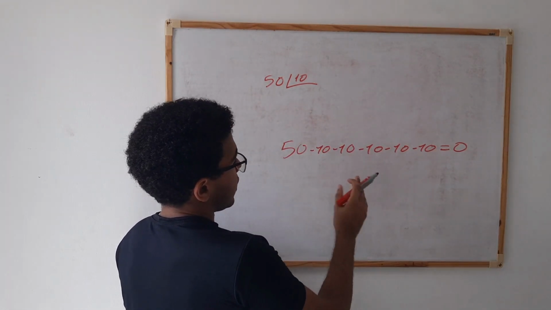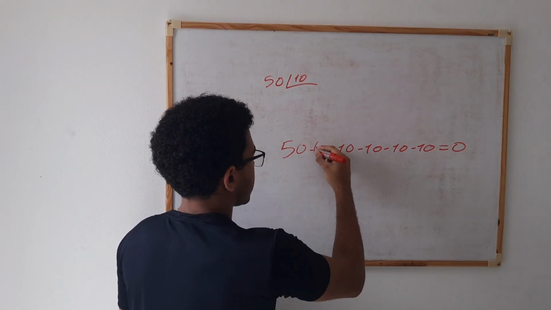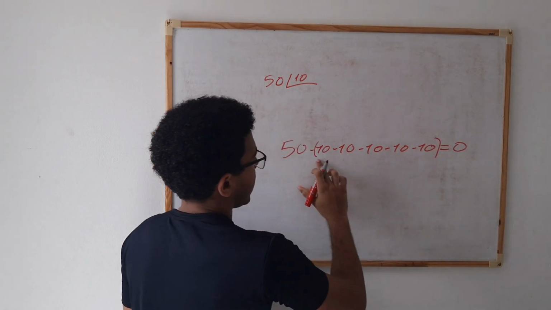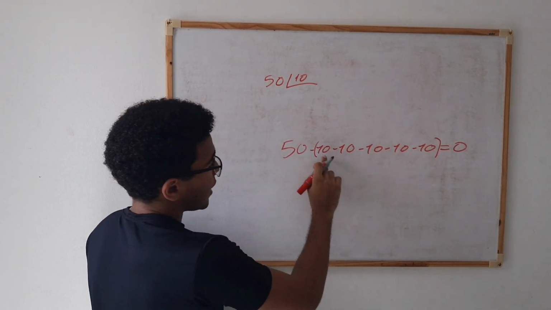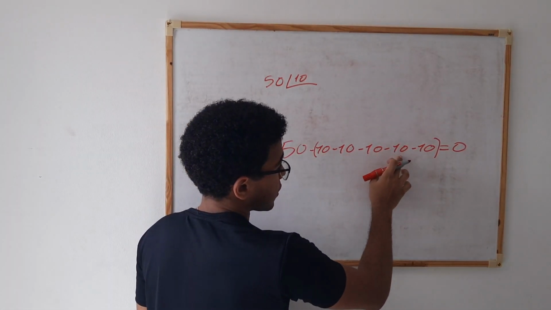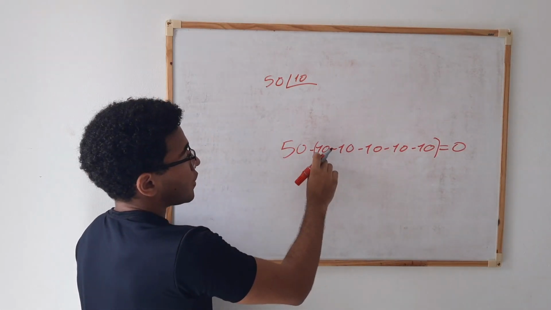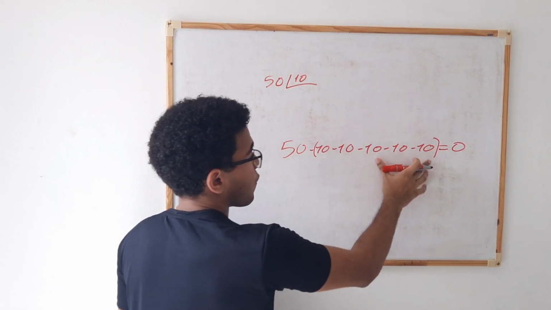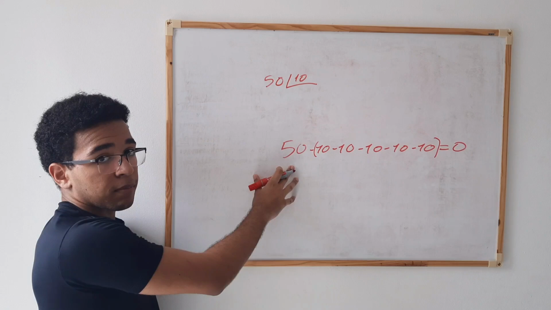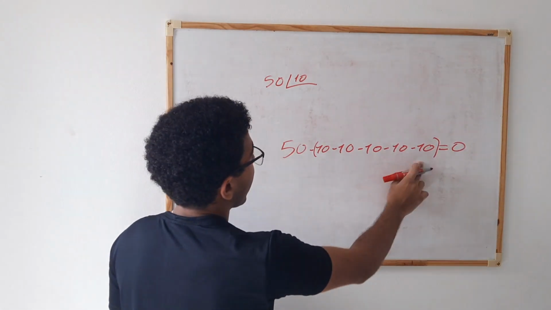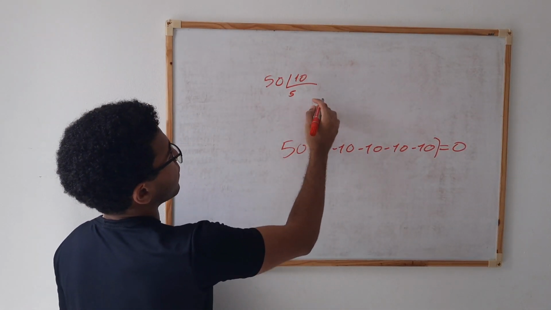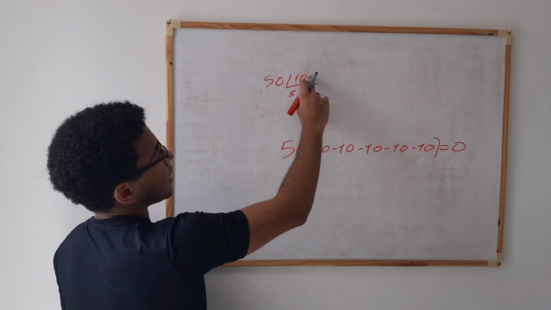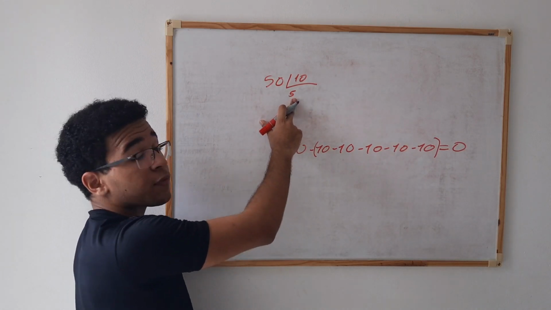And this means that this is equal to 50. I am subtracting the number 10 5 times from 50. So 5 is a number that will go here because I can remove 10 from 50 5 times till I reach 0.